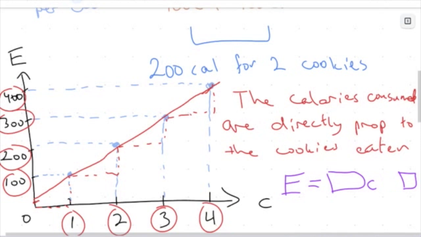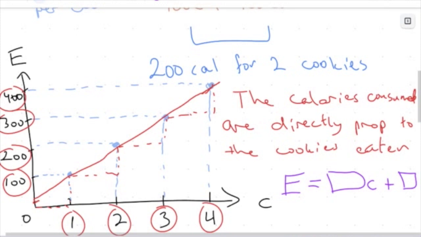Now, if I look at this with my linear relationships hat on, I want to express this as a linear relationship. Well, this thing here, that's my y-intercept. Now, what's my y-intercept going to be here? Well, I start off at 0 calories, right? Because I haven't eaten any cookies. So my y-intercept here is actually 0.